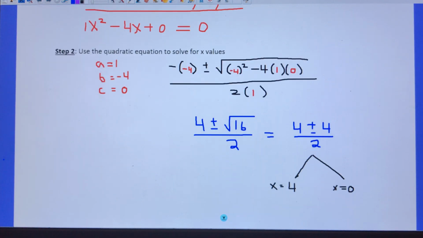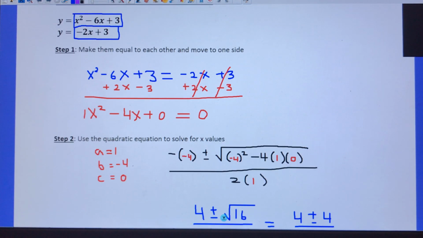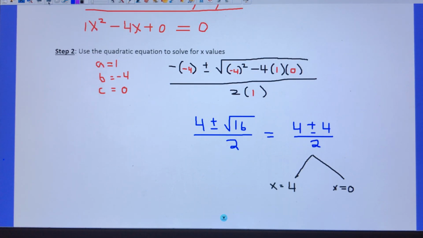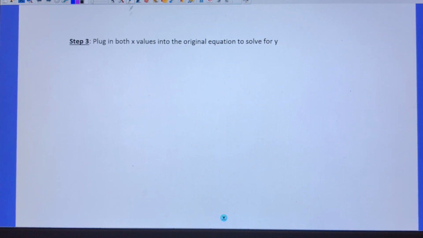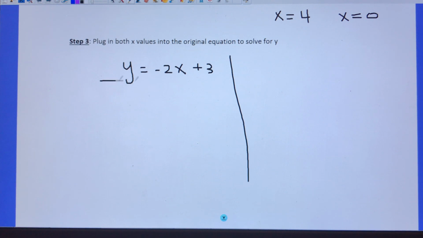Step 3, I'm going to plug these numbers into the easier linear equation, which was y equals negative 2x plus 3. I'm going to do it twice for my two answers. My first answer was x equals 4 and the other one was x equals 0.